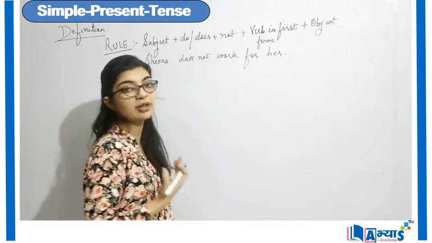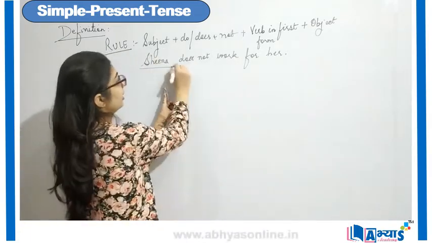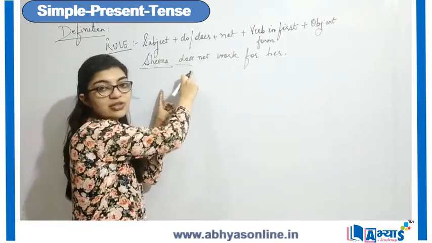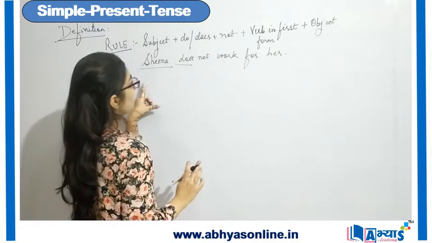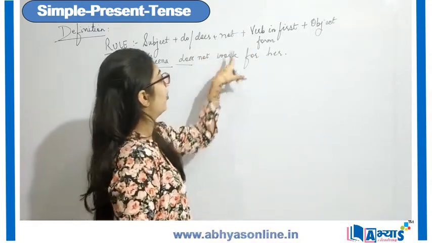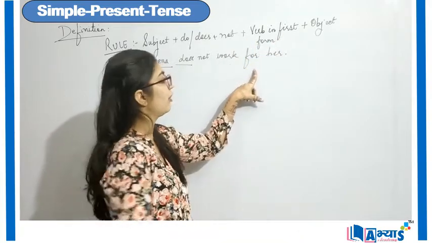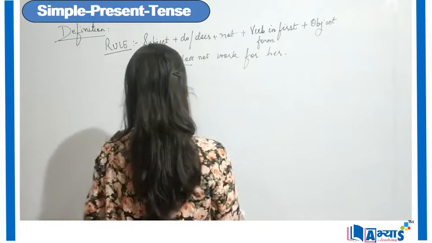You're not performing a particular task. So here Sheena is the subject. We make use of does when we are referring to a singular person or a singular thing. Not is for the negative sentence, obviously. Work is the verb in first form, and for her over here is the object.